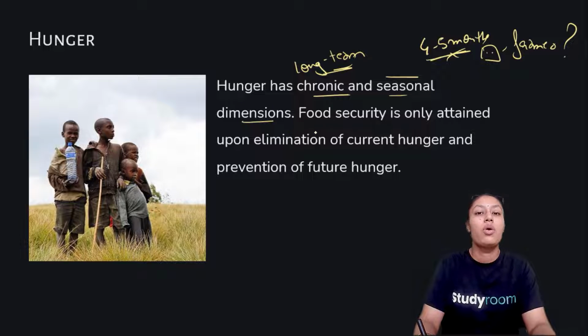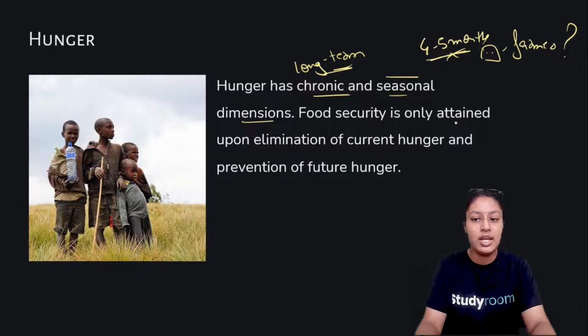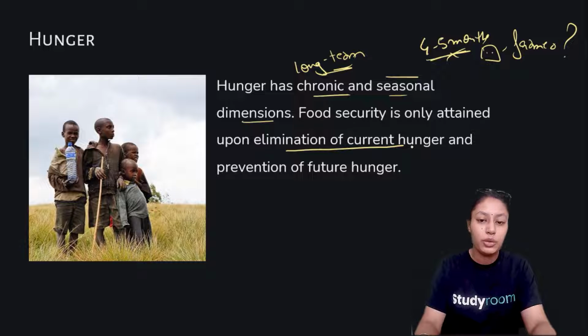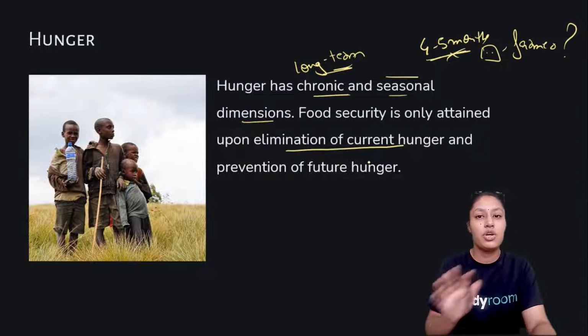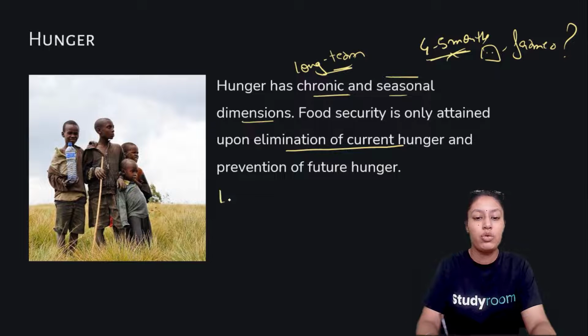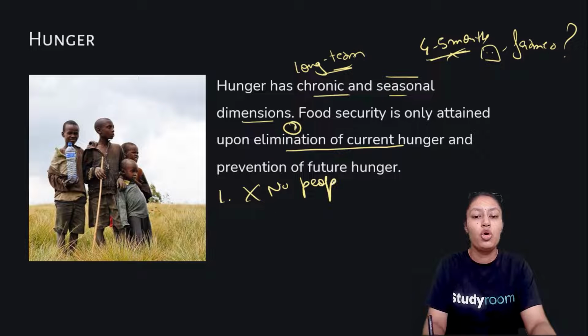Now, there are two major things that can be done to attain food security. One is elimination of current hunger. Elimination of current hunger means that no people should sleep hungry.